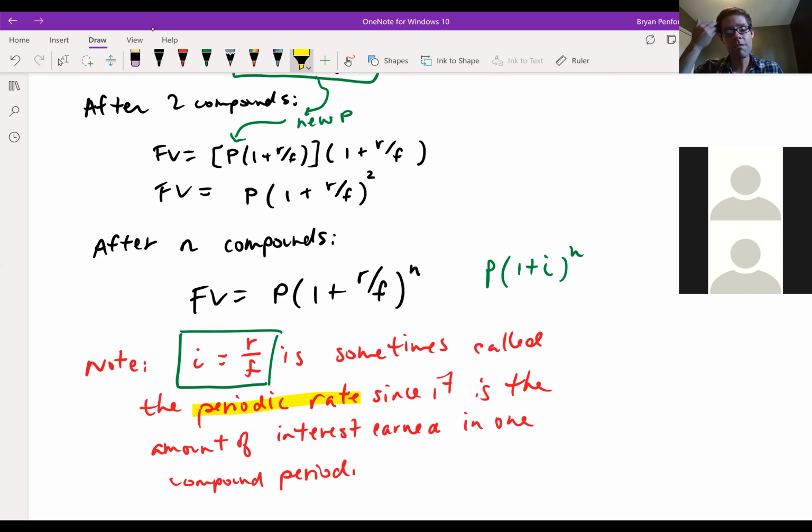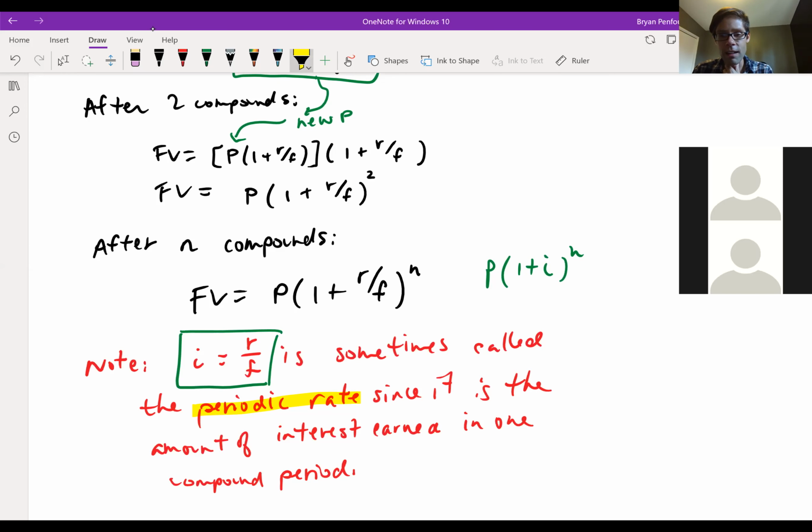So what happens effectively is this R divided by F takes the full rate and breaks it up into a certain number of pieces. And that's actually the interest rate that you get during one of those time steps. We call that a compound period.